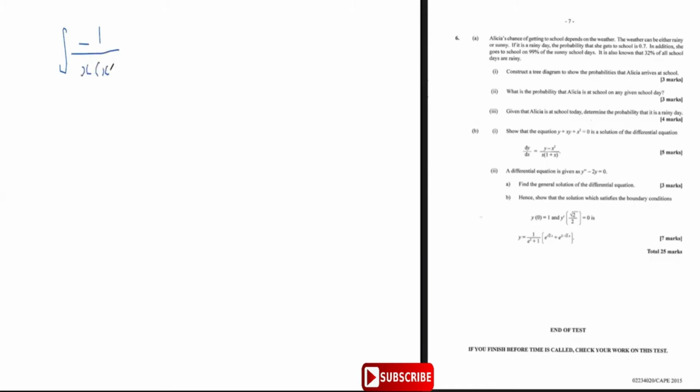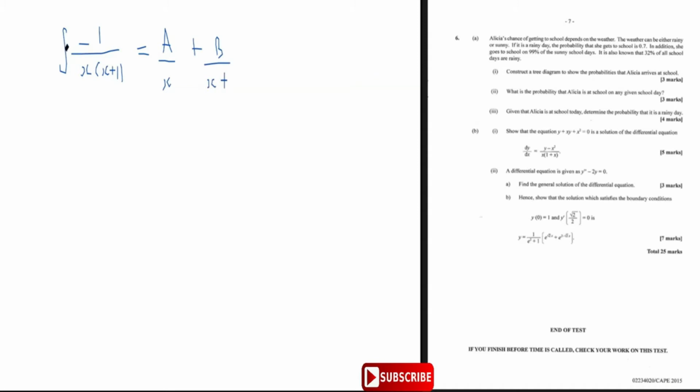I know that if I bring away the integration sign for now, I can separate minus 1 over x times x plus 1 as partial fractions: a over x plus b over x plus 1. Now this looks way easier to integrate. So I just need to find out what is a and what is b.